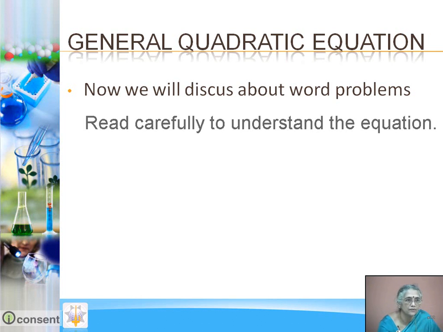When you get two values of the variable which you have assumed, again read the problem and decide which value is not acceptable and which value is acceptable. If both are acceptable, well and good. If one is acceptable, one is not, then you should mention why the value is not acceptable and then proceed. And then write your answer or the solution.